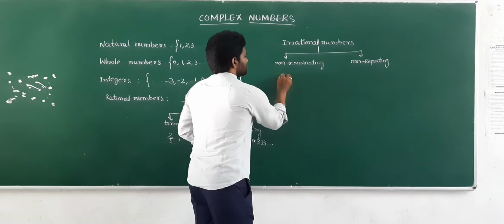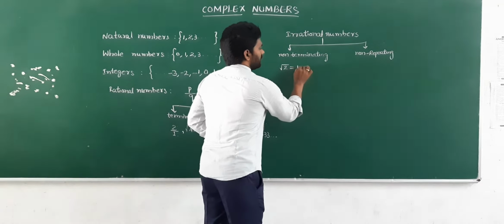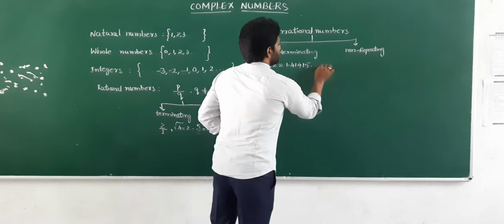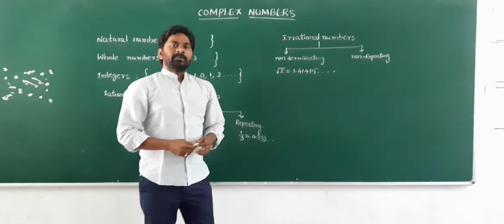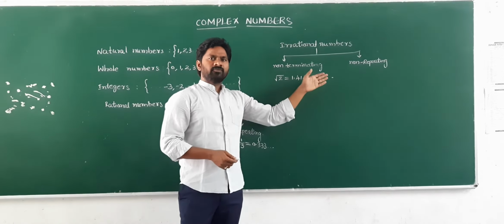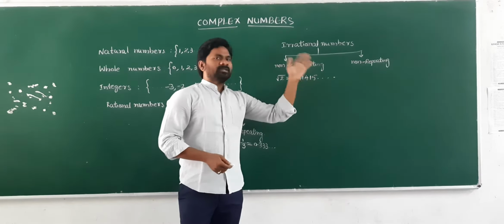Let us consider the square root of 2. What do we get? 1.41415 and so on. It goes on continuously, the number will not terminate. Square root of 3 also gives 1.732954 and it goes on continuously. These types of non-terminating numbers are considered irrational numbers.